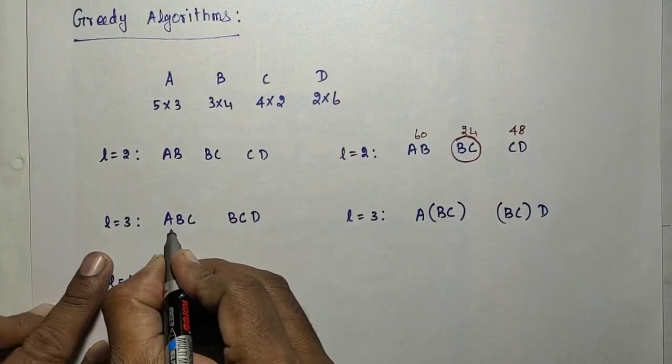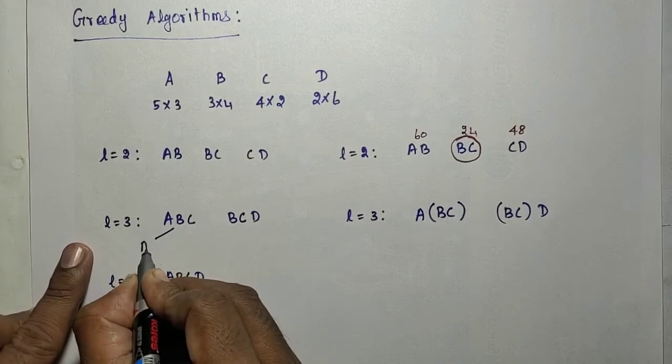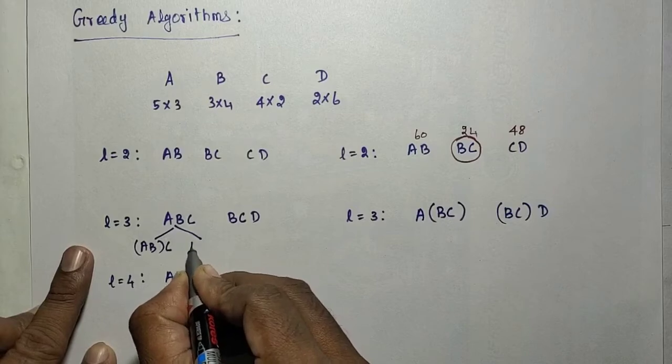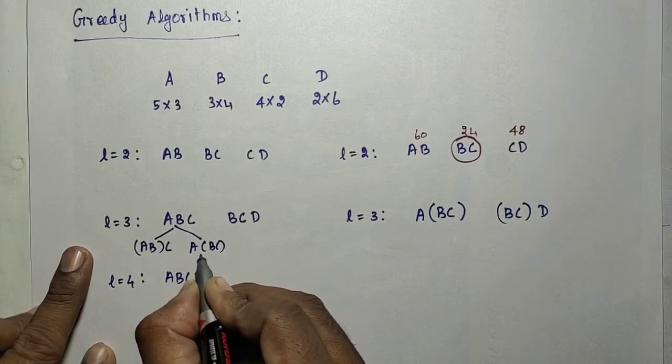There are two choices: AB into C, or A into BC. Like that we will find.